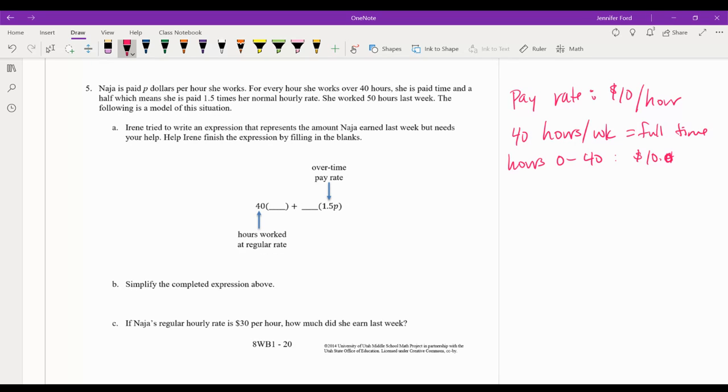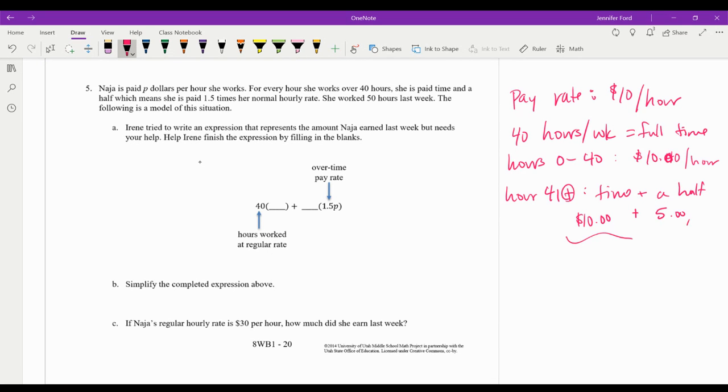Okay, but for hour 41, actually for every minute over 40 hours, but for hour 41 and beyond, they actually had to pay me extra. They had to pay me what's called time and a half, which is basically my $10 an hour plus an extra half of that.